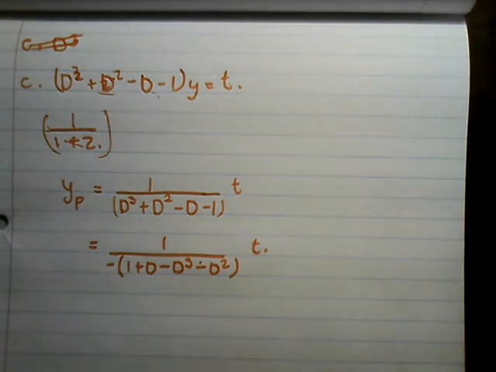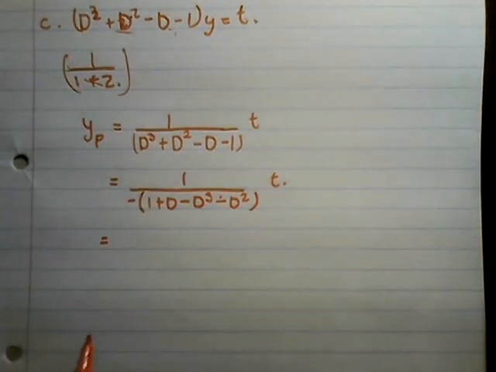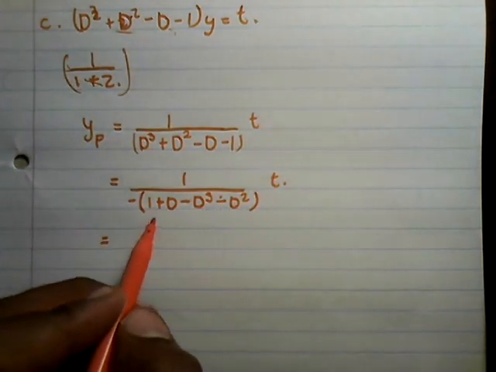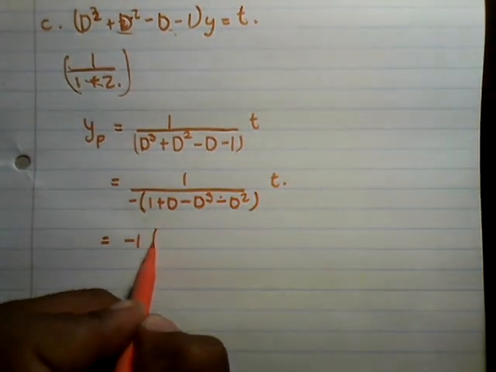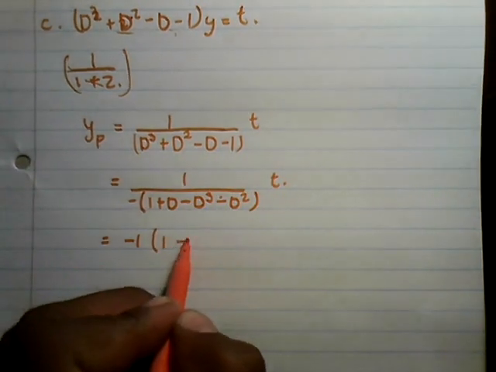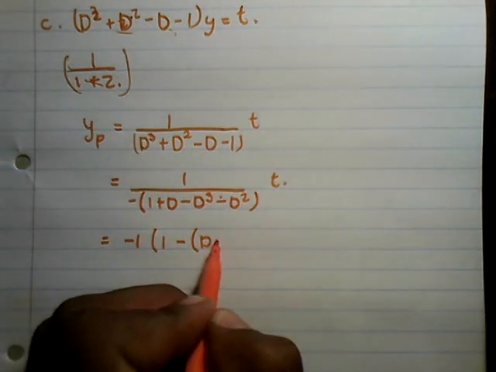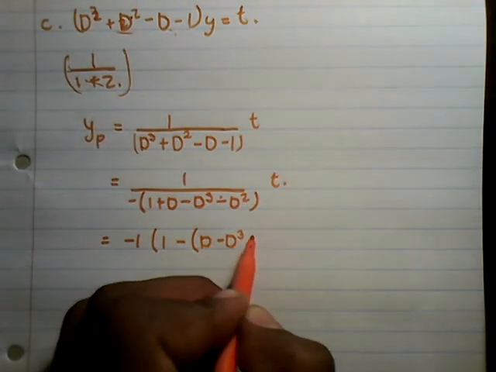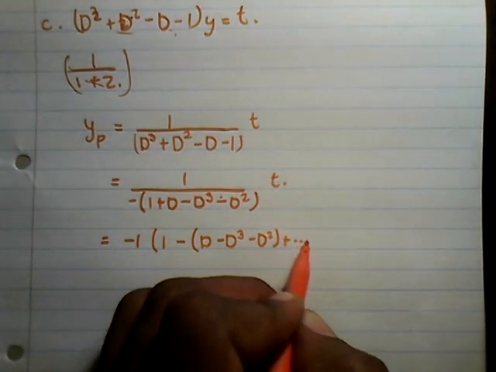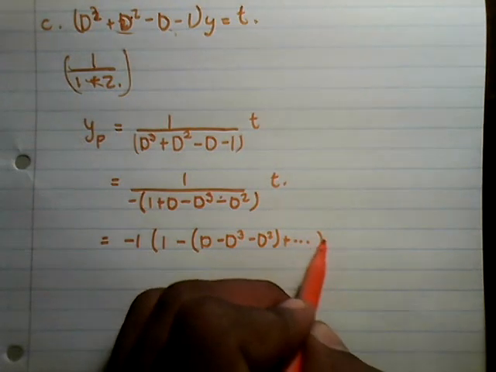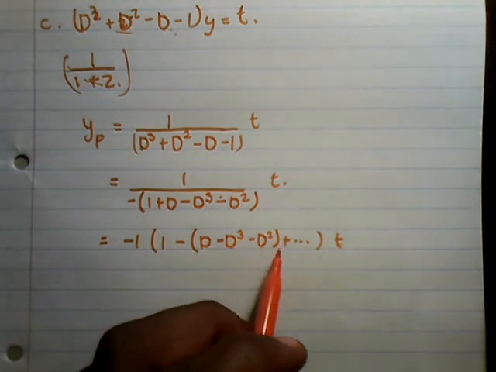And then this is equal to negative 1 multiplied by 1 minus D minus D cubed minus D squared plus whatever follows, and this is multiplied by t.